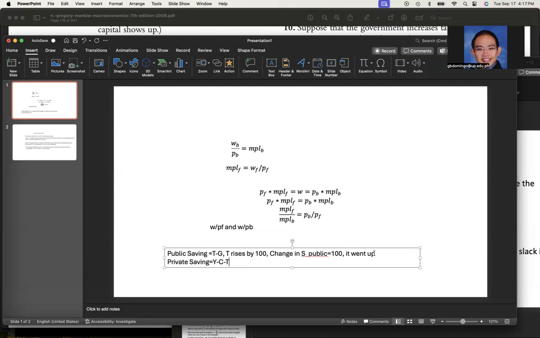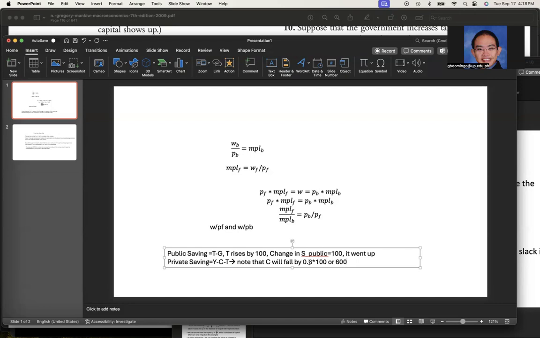So first, note that consumption will fall by 0.6 times 100, right? Because if T goes up by 100, that means disposable income will fall by 100. So this is the change in disposable income.